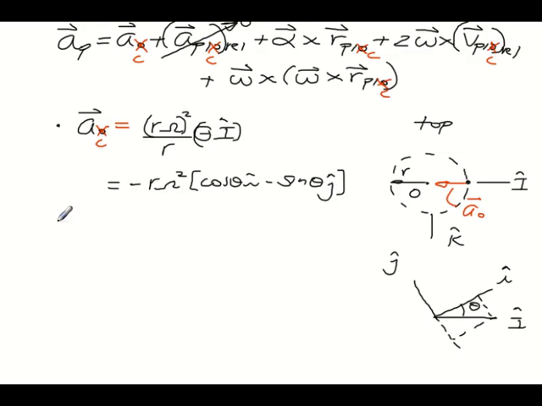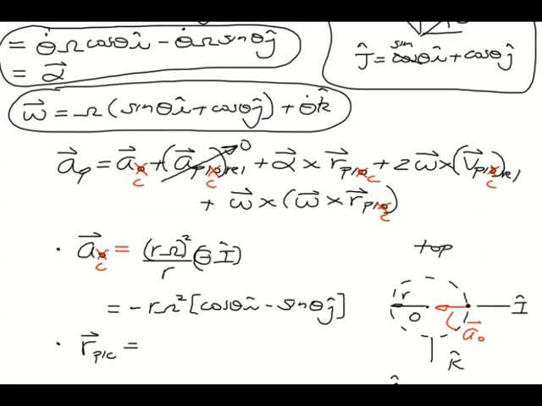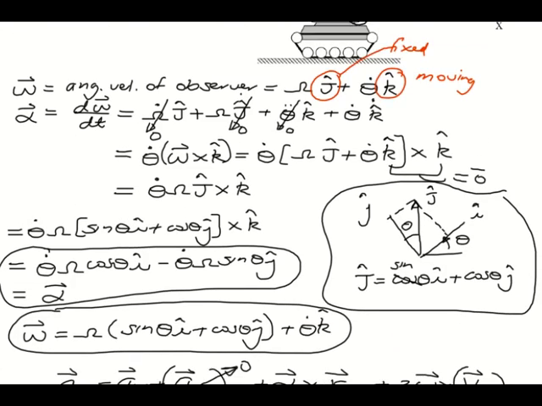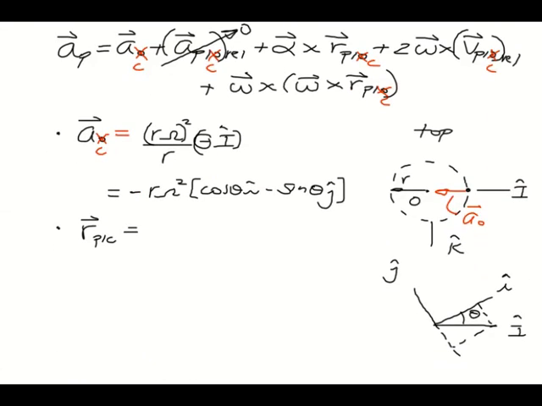The alpha vector, we have that. The R vector, let's write down that one. R vector from P with respect to C is simply going to be along small i, and it's going to be at a distance of L, like that. What else do we need? Omega, we have that. VREL, let's write down that.